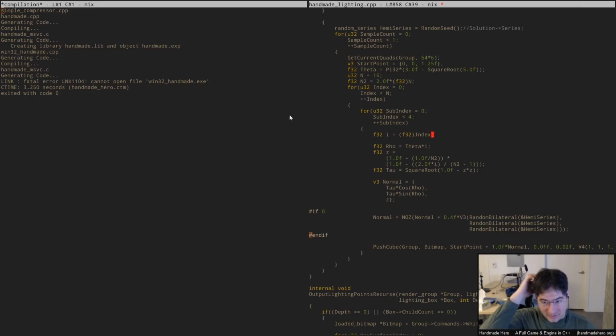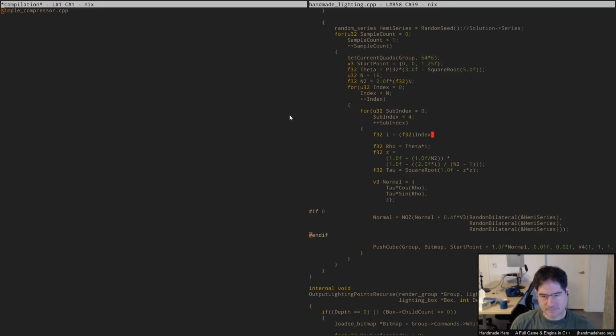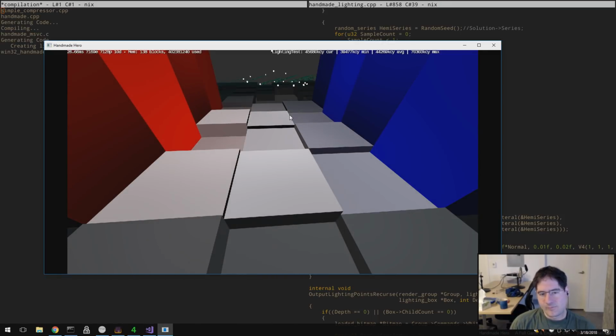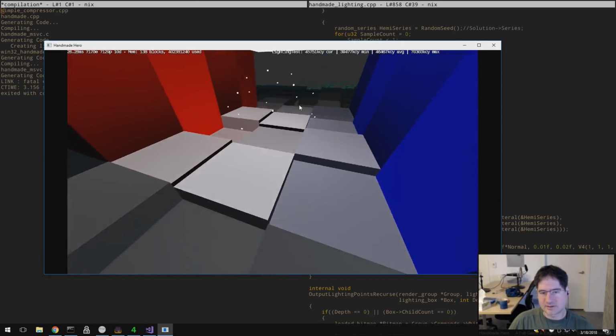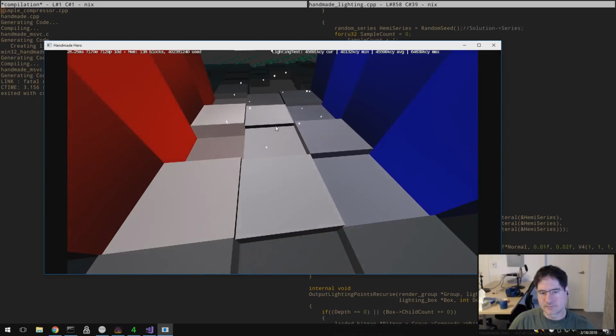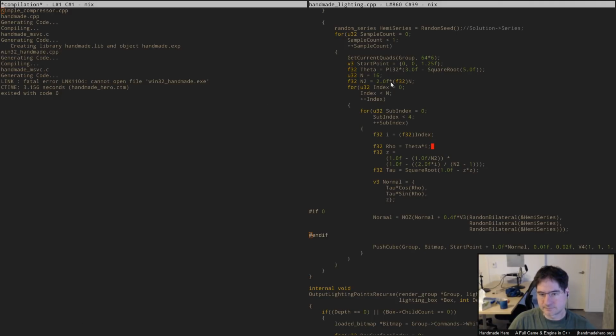So that's a little bit harder. So I'm not really sure how we would want to address that. I guess one thing we could do is play with this value as well.